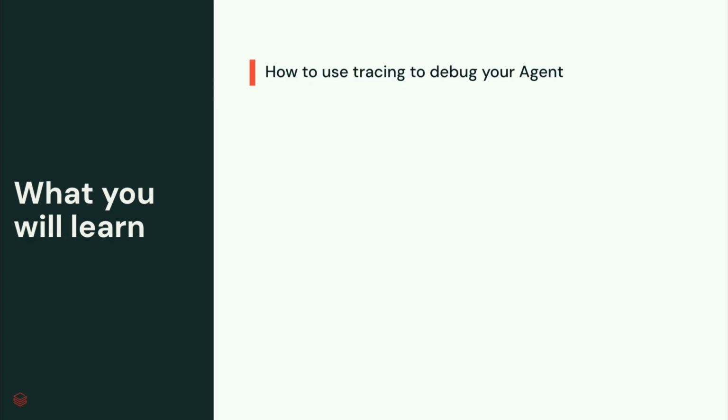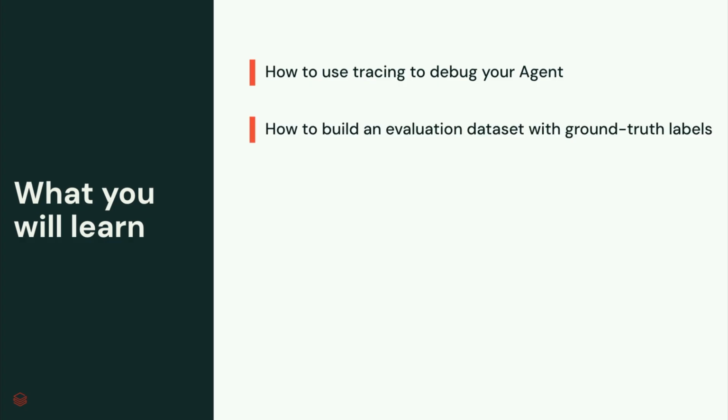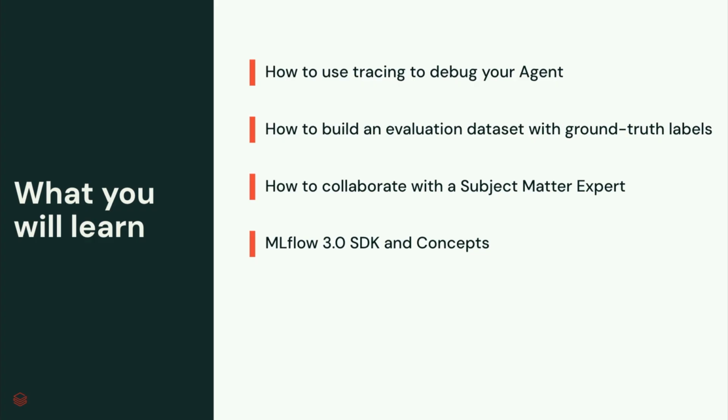What we're going to get out of this talk is, one, how you're going to use MLflow tracing to debug an agent. How to build an evaluation data set with ground truth labels. How you're going to collaborate with a subject matter expert. How we're going to do all of this in MLflow 3. So we're going to show you the MLflow 3 SDK, some of the concepts.